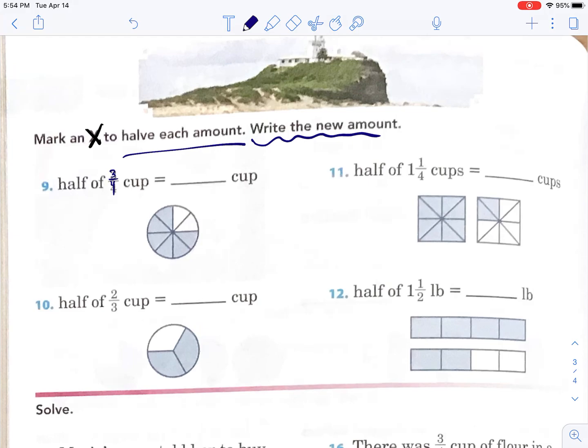And the nice thing is they already doubled it for us. 3/4 equals what? To double it, times 2, what we do to the bottom, we also do to the top. 3/4 equals 6/8. Can you see it in the picture? 1, 2, 3, 4, 5, 6 out of 8 total, 6/8.